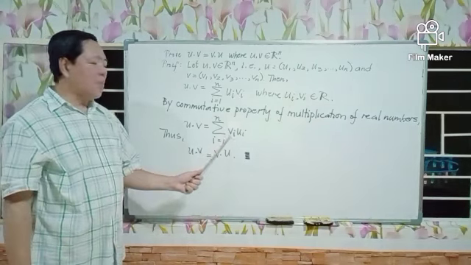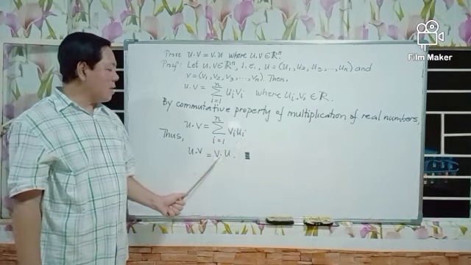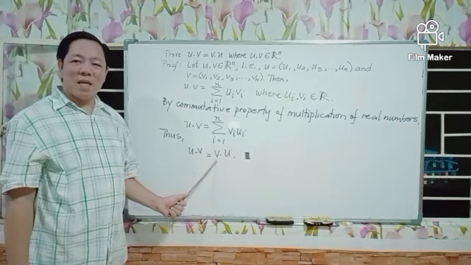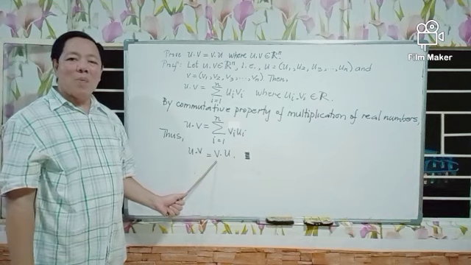The summation of the products v sub i, u sub i for i is 1 to n is by definition the scalar product or dot product of two vectors.